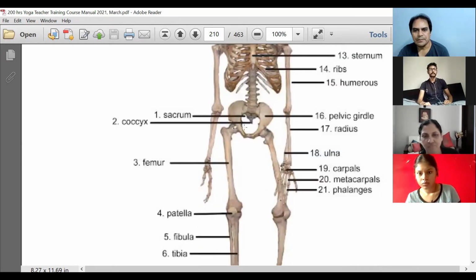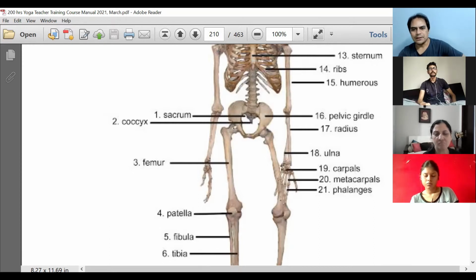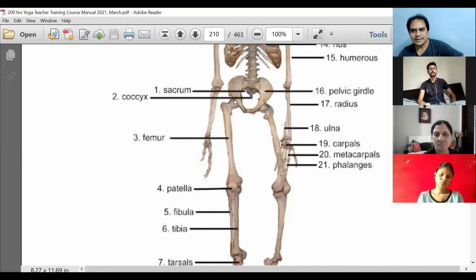And then the pelvic girdle, where our pelvic area and pelvic floor are. Ladies have a broader pelvic girdle than gents because they need to conceive a baby; during pregnancy, you need this support.